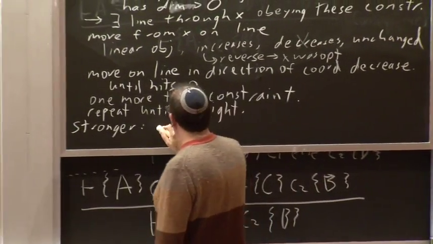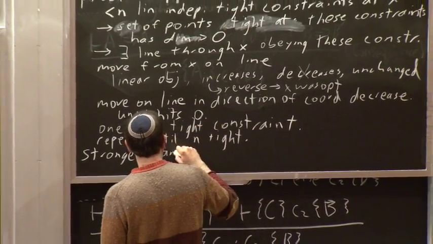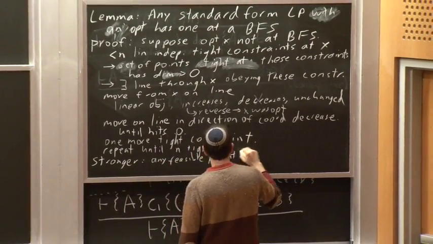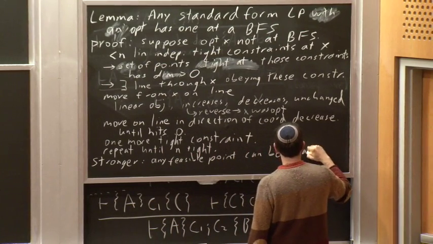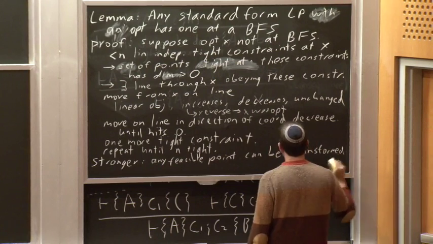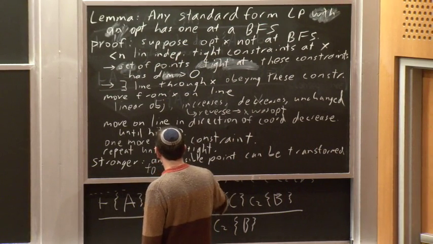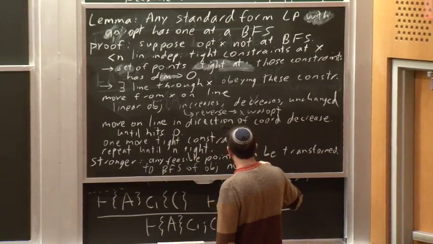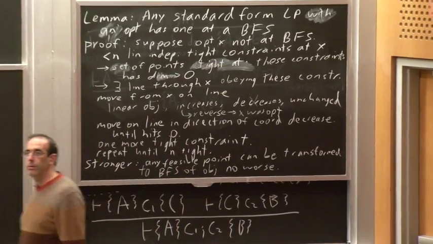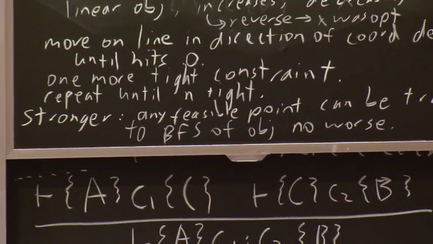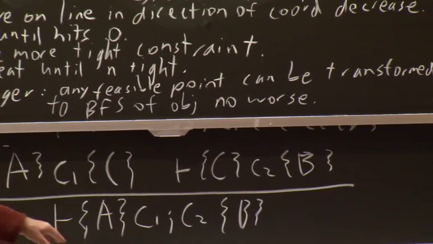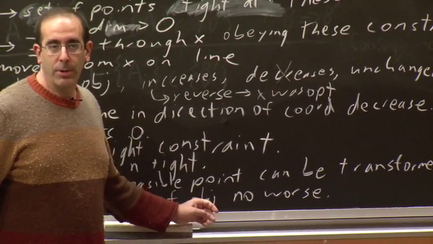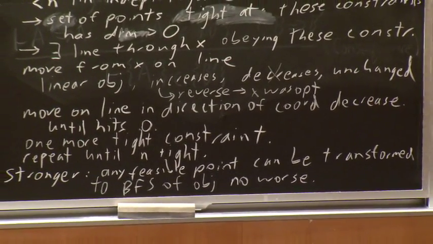So what we've actually proven is that any feasible point can be transformed to a BFS of objective no worse. So we can take any point inside the polytope and move to a basic feasible solution without sacrificing the quality of our objective function. And that will be useful later on.